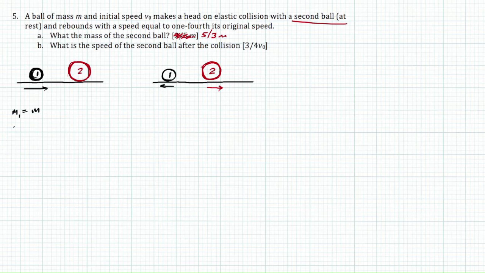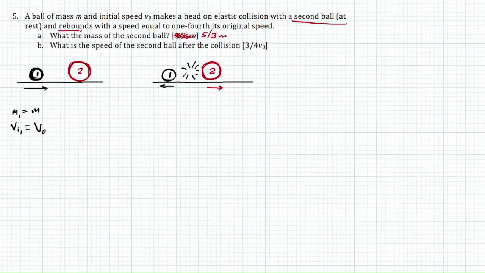The initial velocity of 1 is called VO. Now, you might recall, VO is just another way of saying initial velocity. It could be VI or VO for original, but we're just going to call it that just because it's different from VI. The initial velocity of 1 is VO. And after it collides with ball number 2, so we have our collision, we're told that ball 1 rebounds.